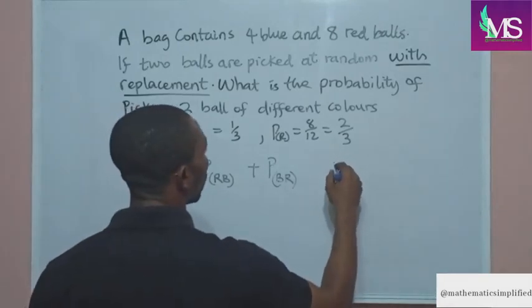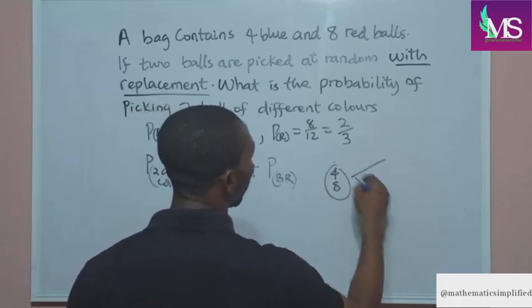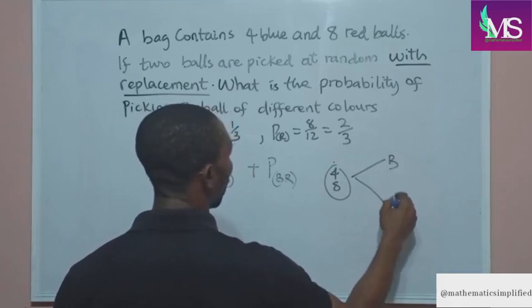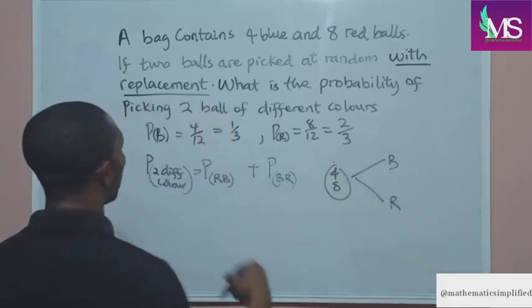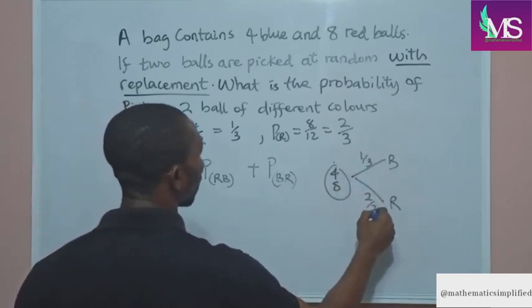We have our box, 4 blues and 8 reds. The first choice is a blue and the next one is a red. So our blue will become 1 over 3 and this will become 2 over 3.